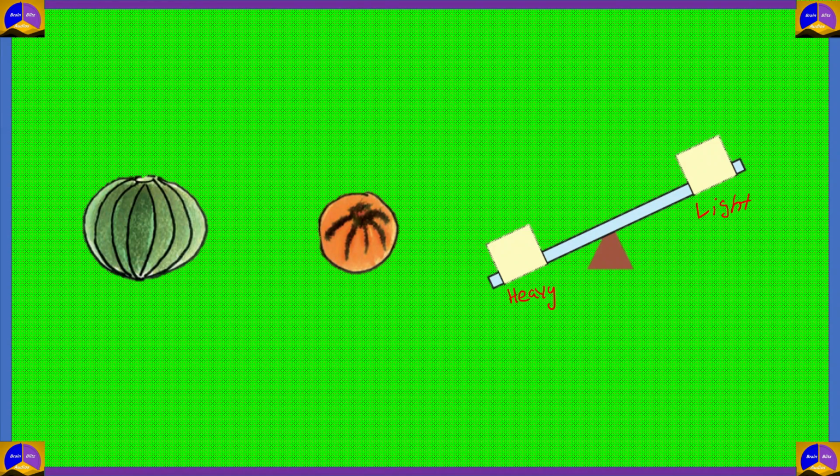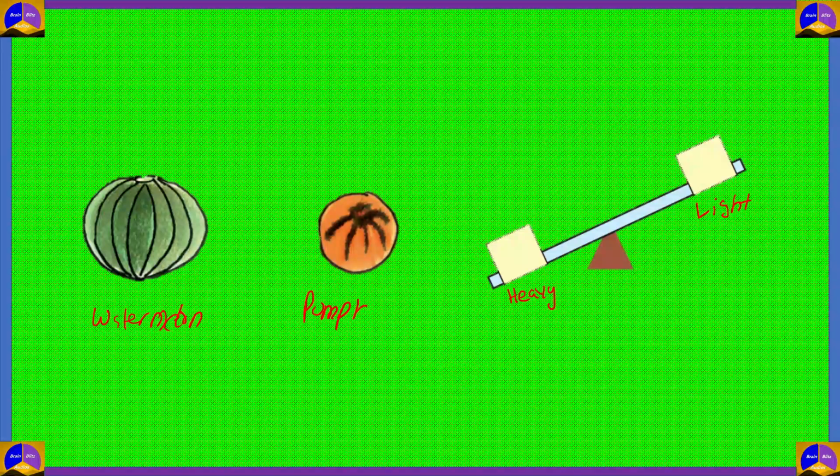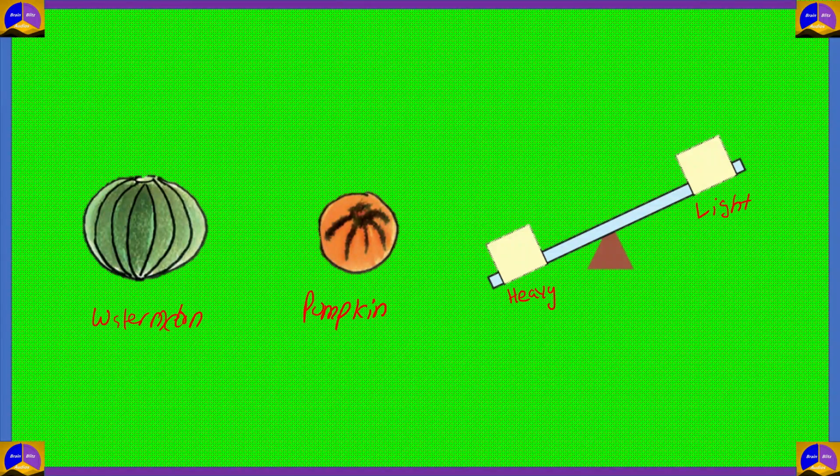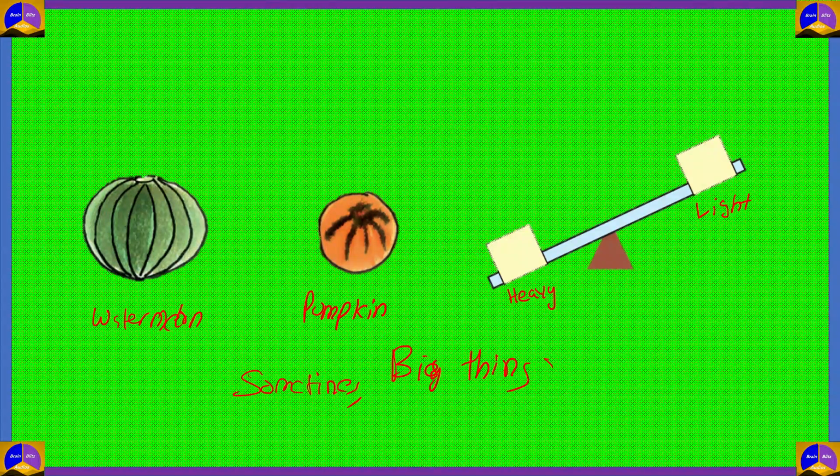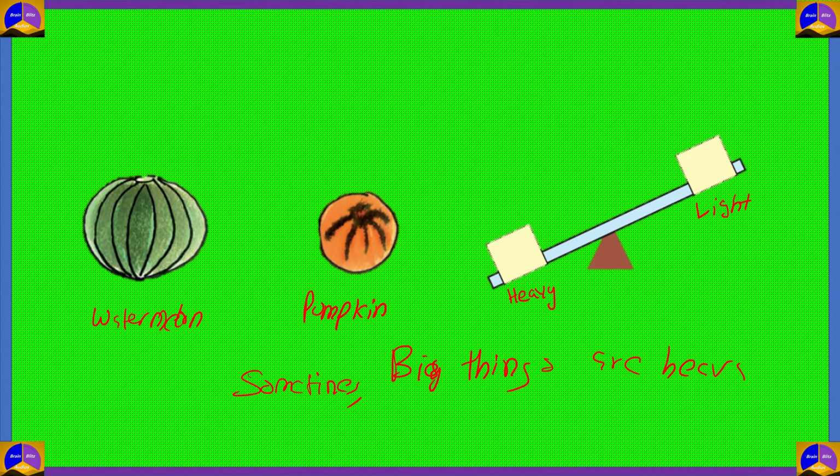Now let's look at the two things. First one is a watermelon and the second one is a pumpkin. Now you have to remember that sometimes big things are heavy and small things are light.